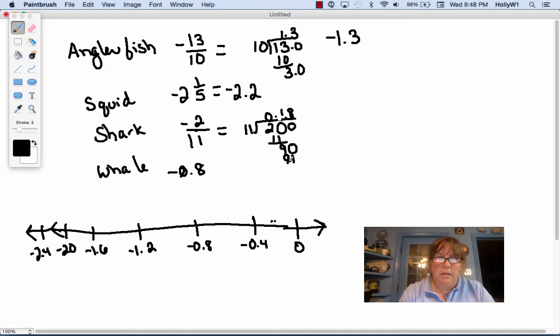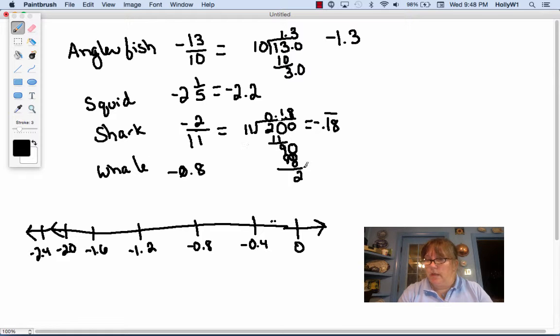So we get 88. And we get 2 left over. And you'll notice that this is probably going to become repeating, and indeed it is. So this becomes negative 0.18 repeating, and this is negative 0.8.